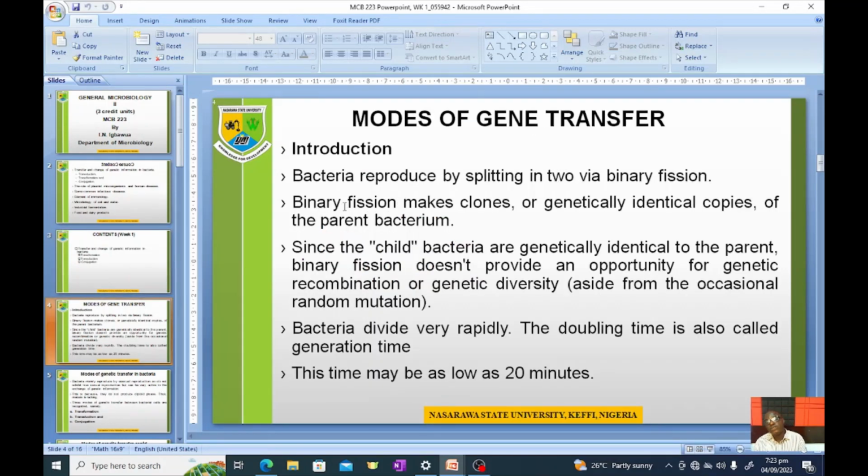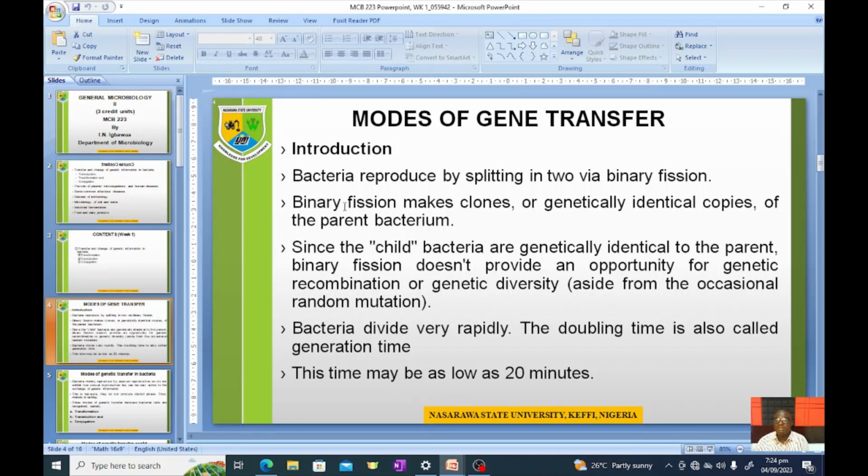By way of introduction, bacteria reproduce by splitting into 2 via a process called binary fission. Binary fission makes clones or genetically identical copies of the parent bacterium.